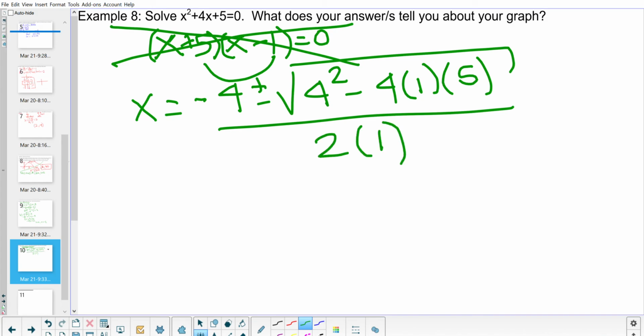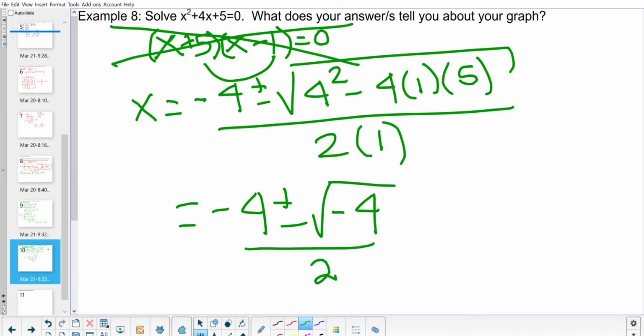Okay, so you'd get -4 plus or minus the square root of -4 all over 2. Well, the square root of 4 is 2. What is the square root of a negative? i.